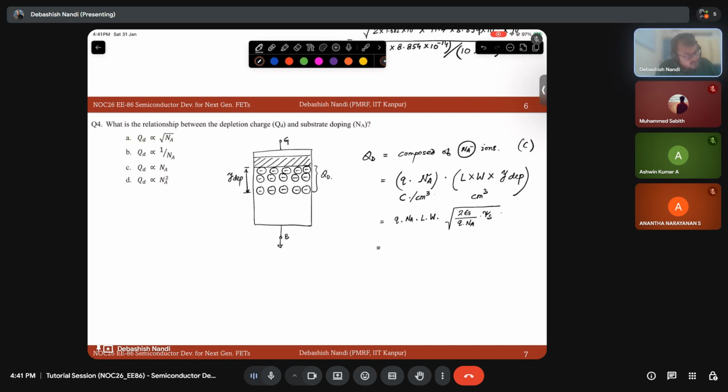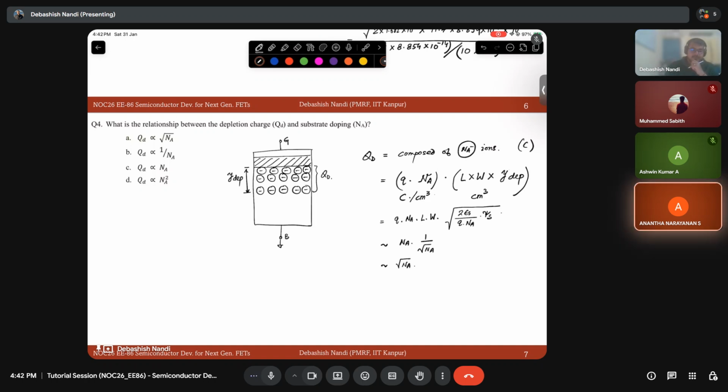So what is the dependency on NA, or how will it vary with NA? One is NA, then another there is square root of NA, right? Yes, sir. This will give you square root of NA dependency.